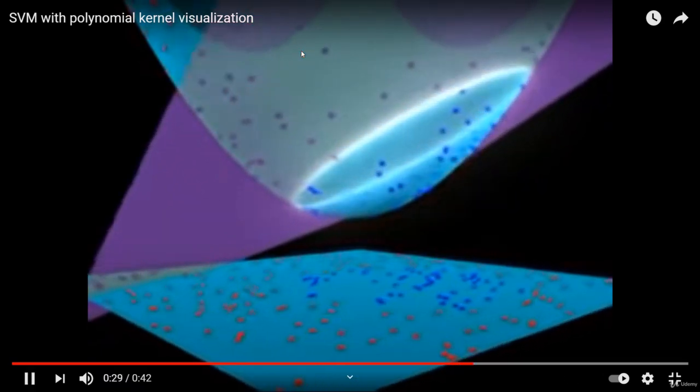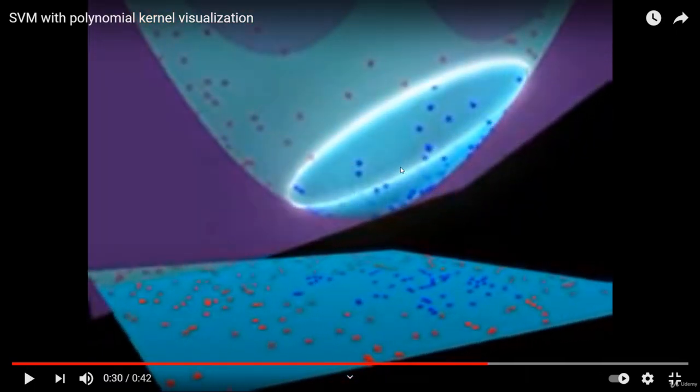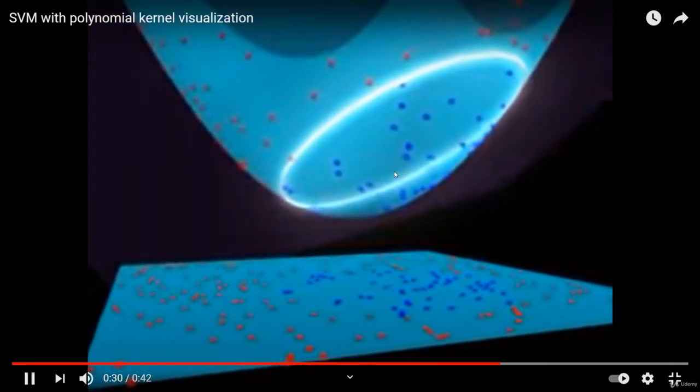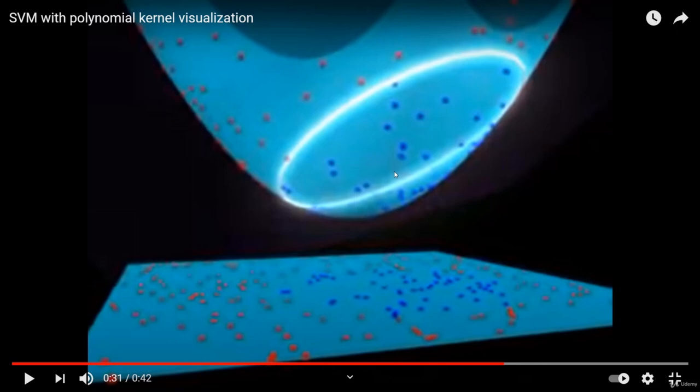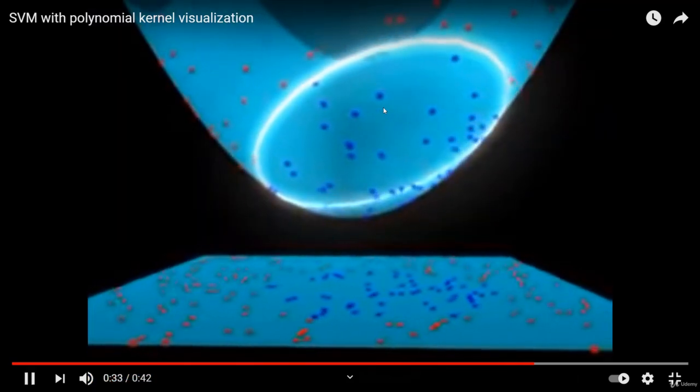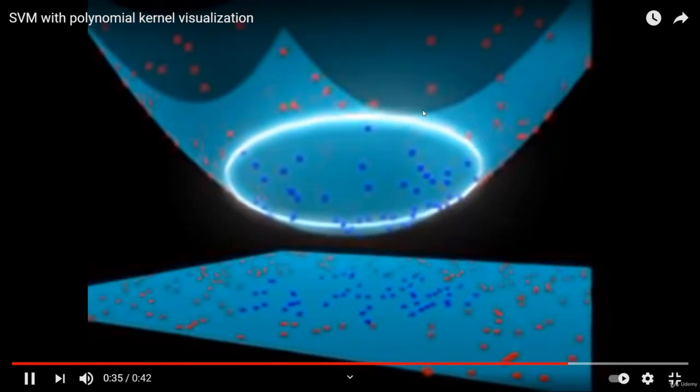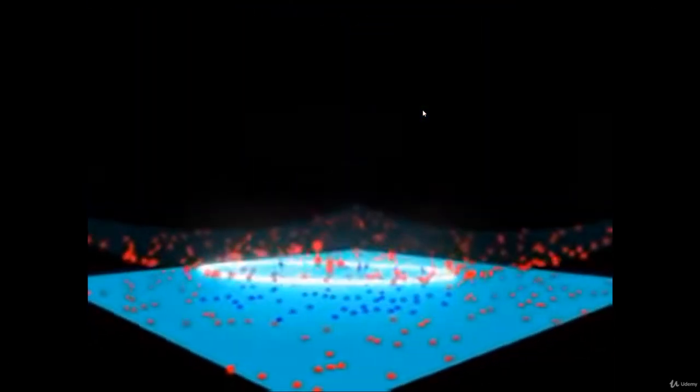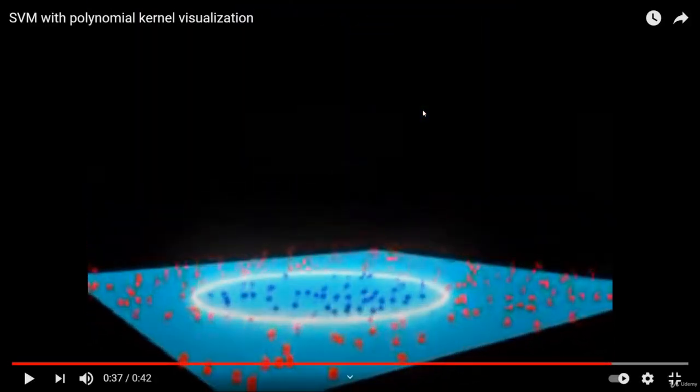Now focus. When we use this hyperplane and we see this cross section, you can see it's actually a circle. So if we map this data again from the 3 dimensions into the 2 dimensions, into the input space, it will be a circle. So what you are seeing is a circle that separates the blue points from the red points.